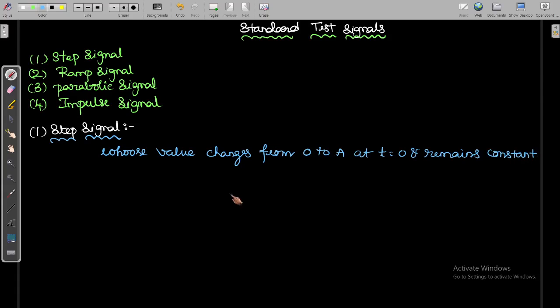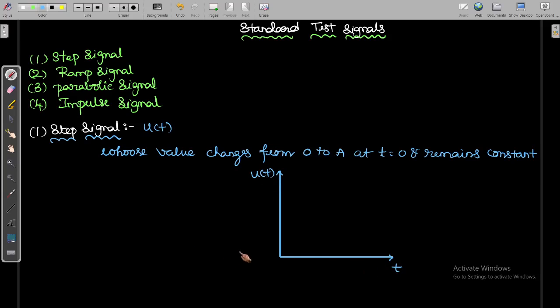Normally the step signal will be represented with u of t. In most of the textbooks, they represent it with u of t. Let us take that standard. If you see the step signal, the waveform will look like this. Let us take u of t with respect to time t.